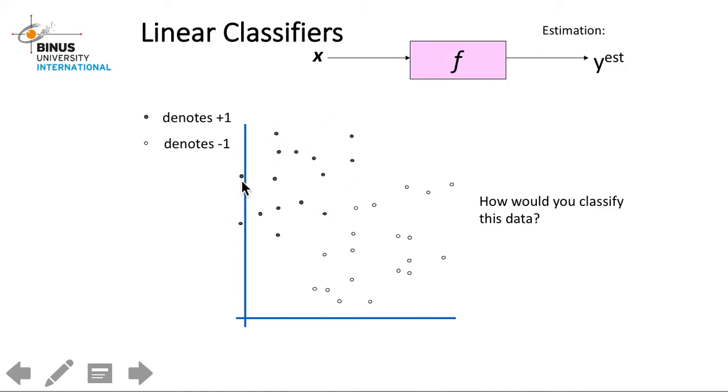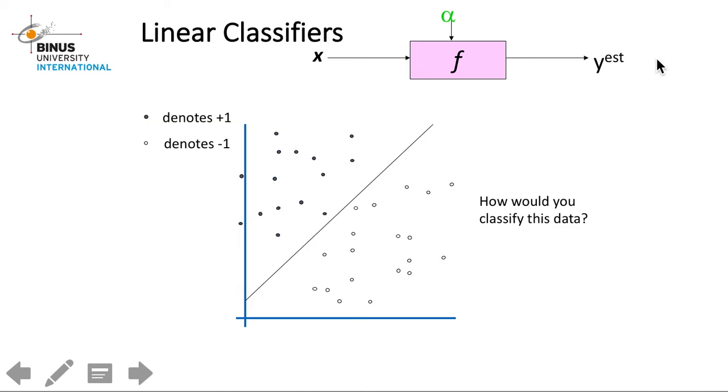This one belongs to class plus 1 and this one belongs to class minus 1, negative and positive. So we take an input x and fit it into a function, and then we map this x and predict the output y estimate.